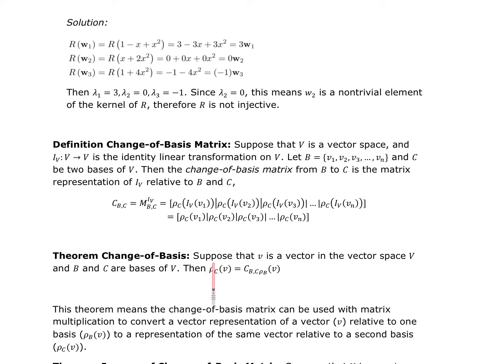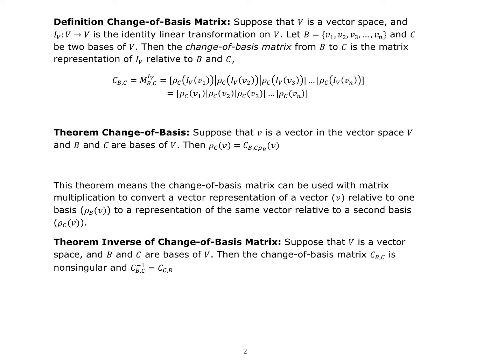Then that gives us this theorem that says, suppose V is a vector space, and v is a vector in the vector space big V, and B and C are bases of V. Then the vector representation of v with respect to C is the change of basis matrix from B to C times the vector representation of v with respect to B. Whew, that's a lot.